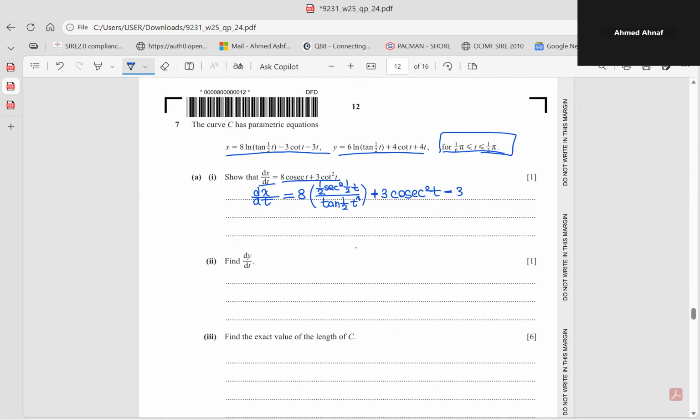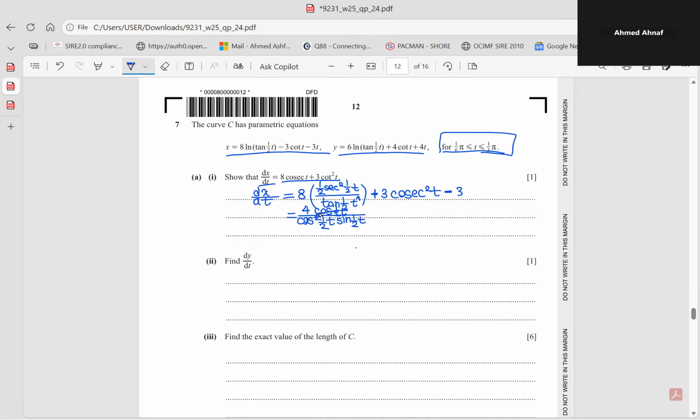All right. So simplifying this, secant square is 4 over cos square half t, and 1 over tangent is cos half t over sine half t.